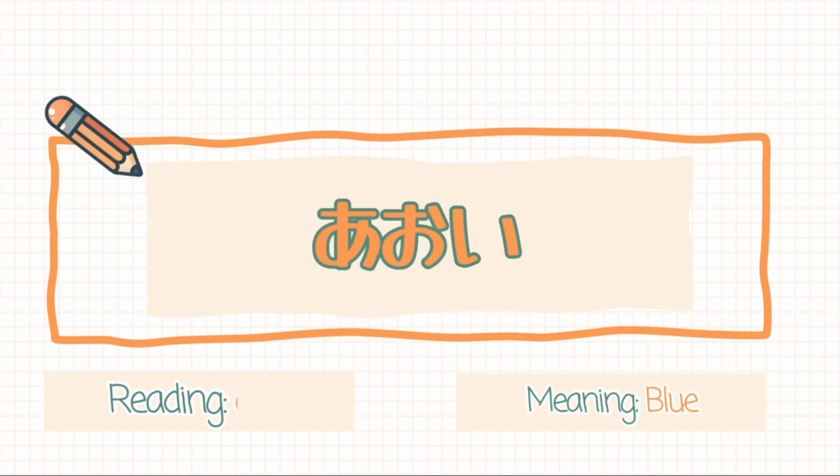Okay, now we're going to do a reading test. I have a word displayed here, for example, aoi. I want you to try and read it. I will give you maybe like 3 or 4 seconds, depending on the word, to have a go at reading it, and then I will reveal the answer at the bottom here with reading. Aoi. The meaning will be to the side, blue. That will always be displayed in case you're interested in the meaning or in case you might know the word.